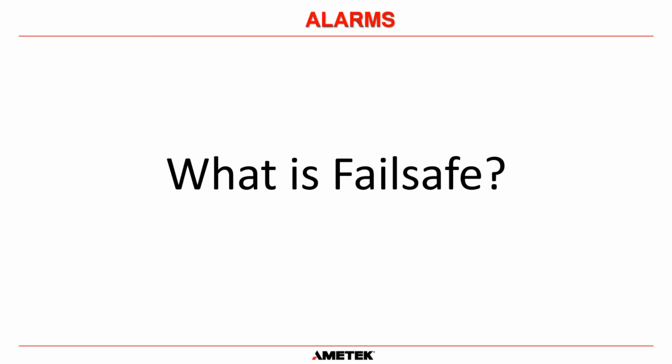So 99.9% of all DCS systems use the fail-safe mechanism. And the question is, well, what is fail-safe? Fail-safe means that if there is a complete power loss, in other words, everything inside the UPS fails, then you want the alarms to repeat to your DCS system, even if there is no power going to the UPS whatsoever.